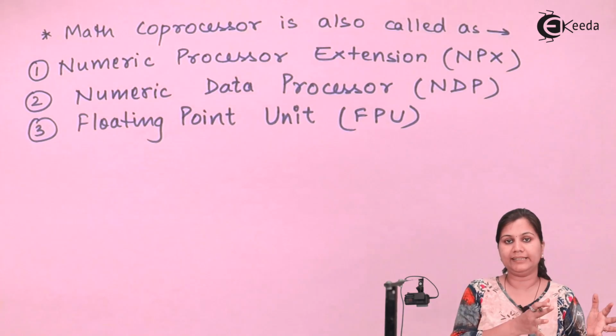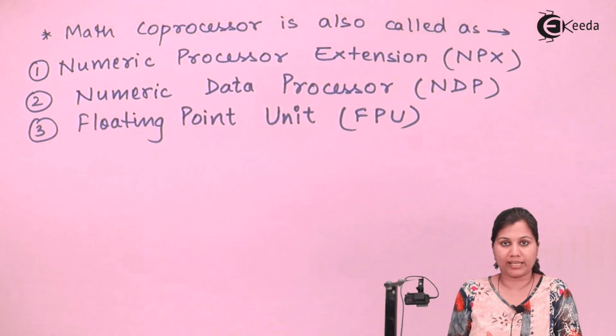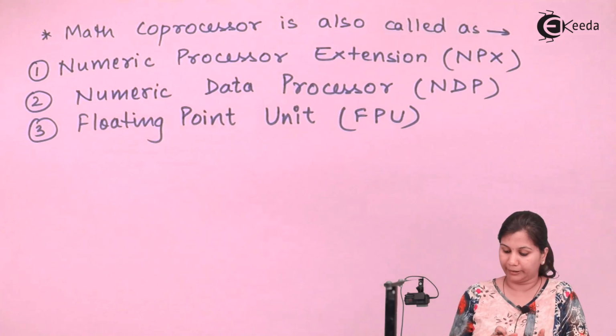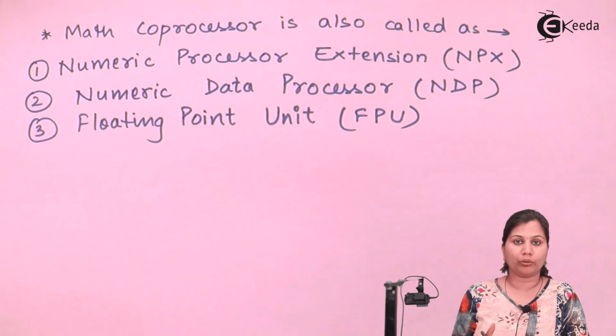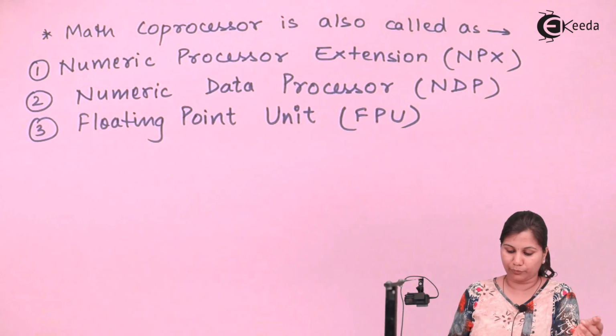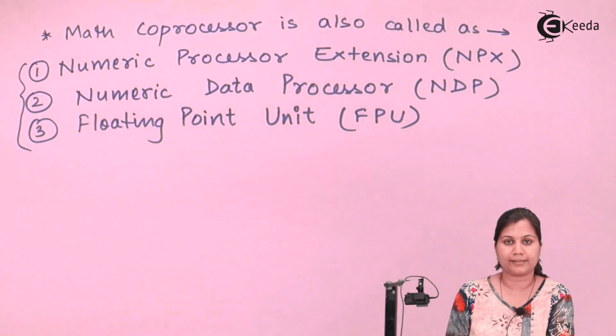We know that it deals with numeric data only, and it is a processor because it is processing that data, doing calculations over it. It also deals with floating point numbers, so it is sometimes called the floating point unit. So these are some other names of this math coprocessor.